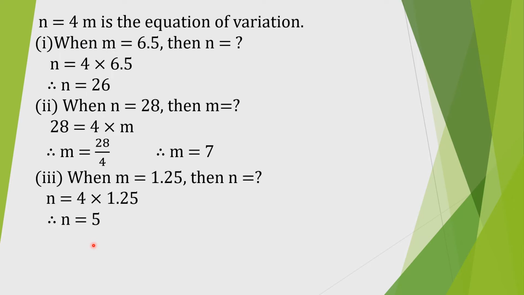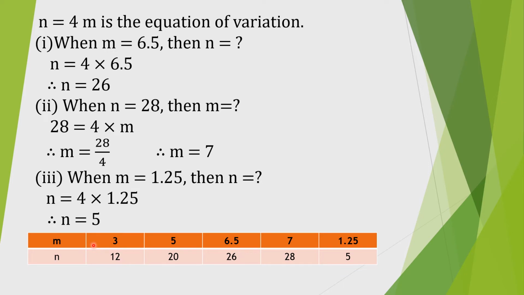You'll make the table and write down m upon n. So you'll fill the blanks where the values were missing. So here 6.5. So here 26. Now here 28 was given. So here 7 you'll write down. And when m is 1.25, then n value comes to 5.